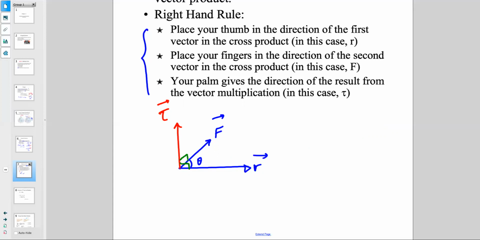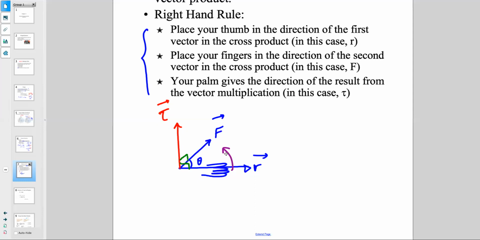The way that I look at it is that you can put your four fingers along the direction of R. Point your four fingers across this direction, and you want to bend them towards F. So wherever the F is, if it's right there, you want to bend them in this direction.